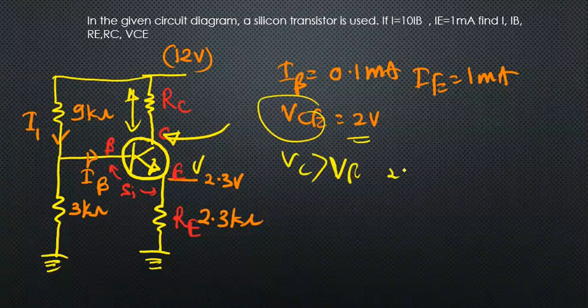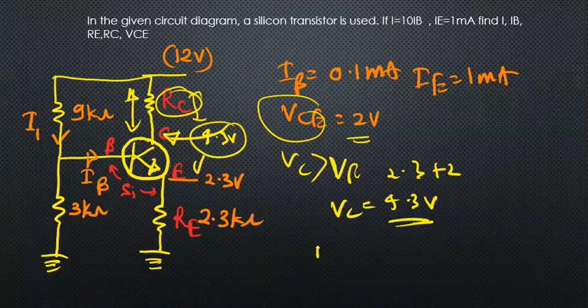Then we can conclude 2.3 plus 2 volt, so 4.3 is the potential at point C. Now we know the potential difference across the RC resistor. It's 12 minus 4.3, that's 7.7 volt.